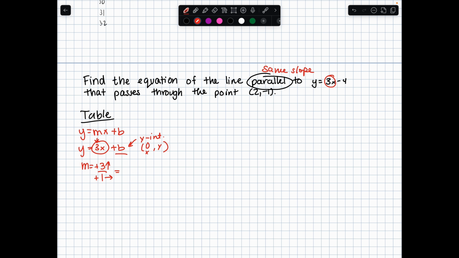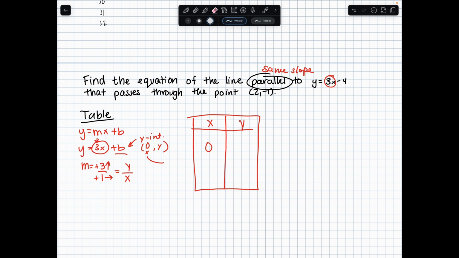And let's make a connection. Remember, this is the same thing as y over x. Rise over run. You stand up first before you run. So let's make a table. Here's x and y. On this table, we need to have a 0 because the y-intercept says x has to be 0.